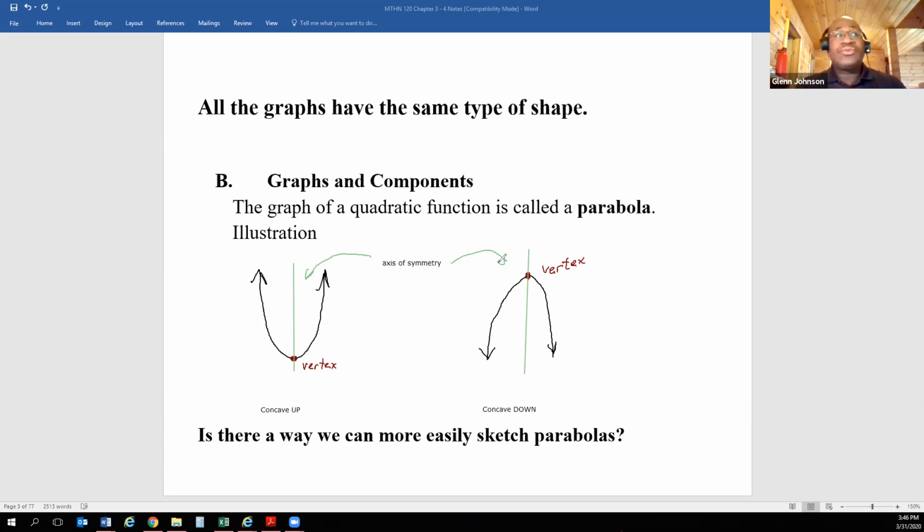Now, if we wanted to draw a more accurate graph, we will need to know to what extent the graph or the parabola is going to be distorted. That is to say, how much of a vertical stretch or compression that we're going to have. And so for that, we will need some additional points in order to figure that out. So now let's take a look at how we can find those basic characteristics, or how do we go about sketching a graph of a parabola.